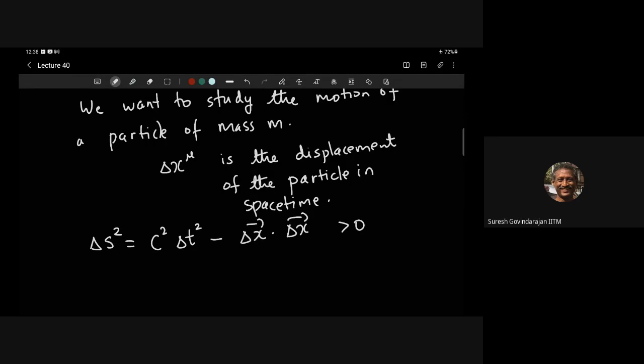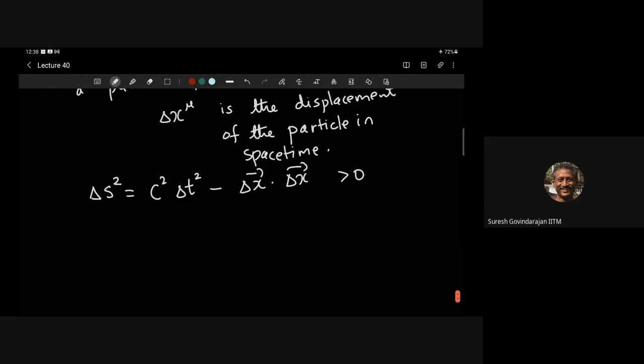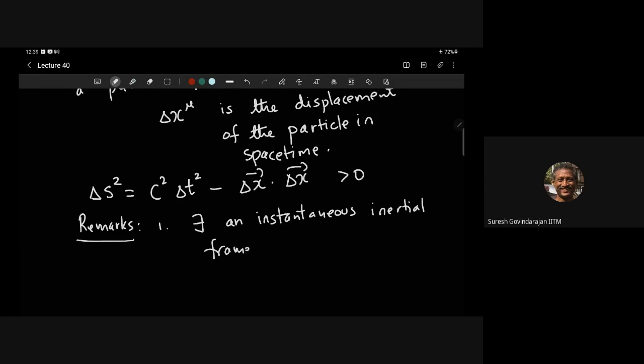Okay, and of course, first thing is that just some remarks now. Of course, there exists an instantaneous inertial frame where the particle is at rest.